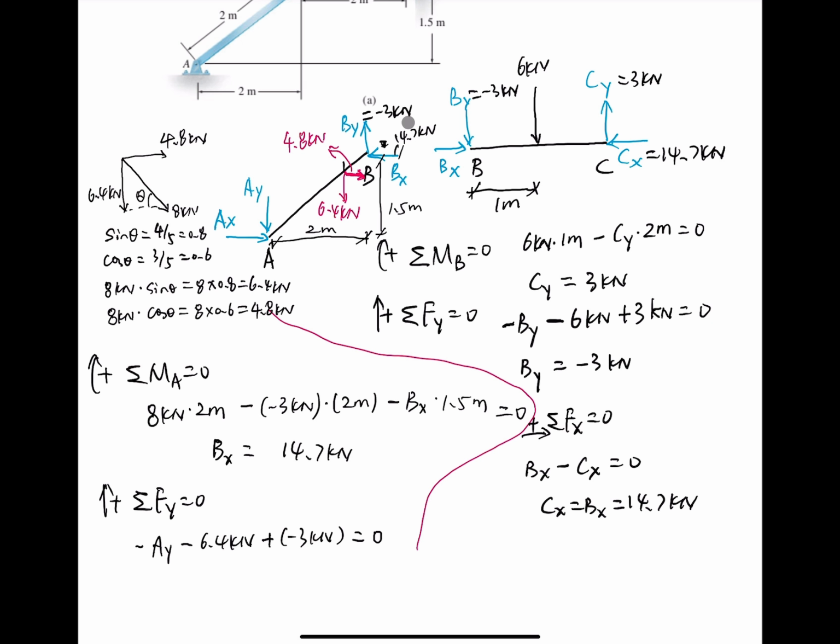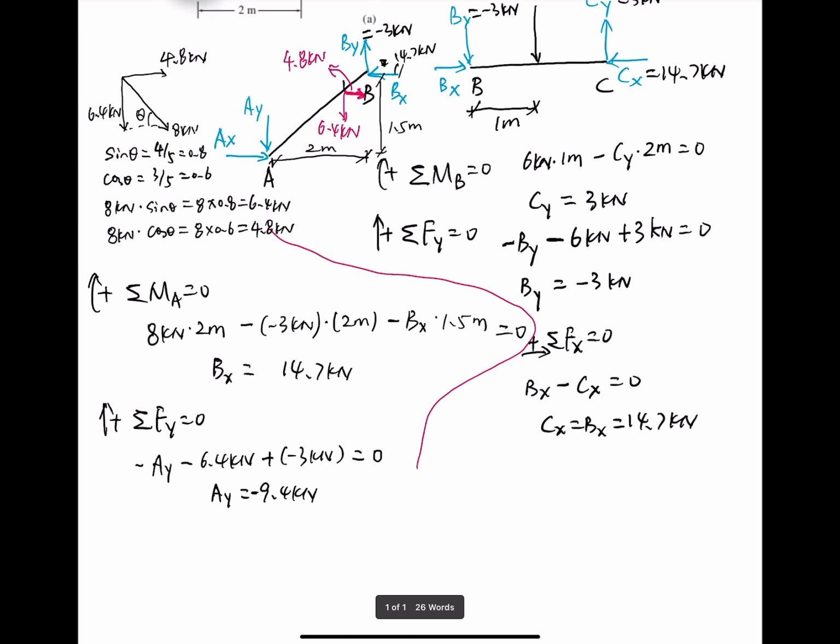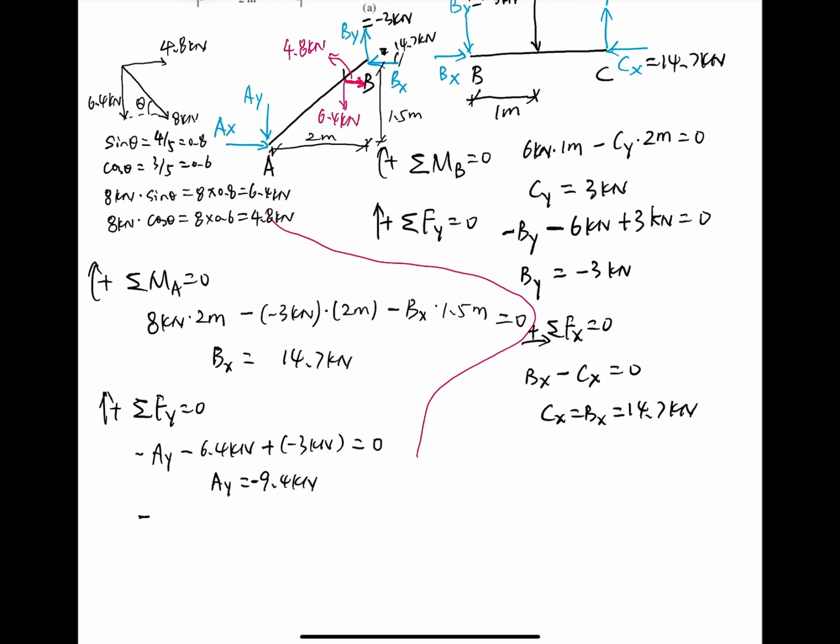Based on this, we can calculate Ay is equal to 9.4 kilonewton. Negative, don't forget negative.